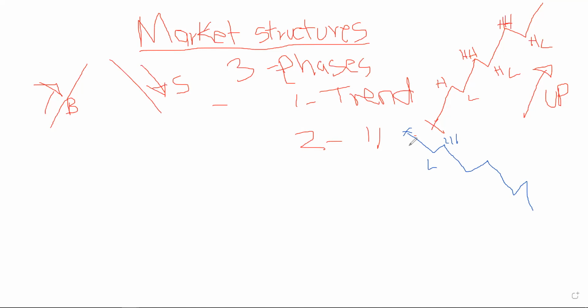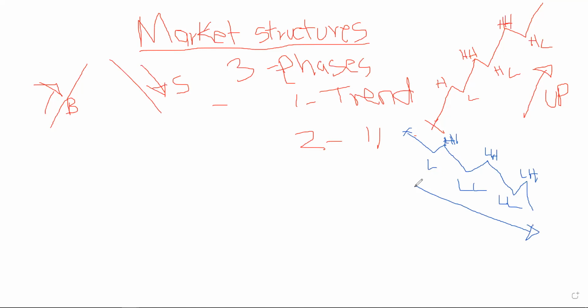Well, it depends on how you call it, because I'm going to say this is low, this is a lower low, this is a lower low, and if this is a high, this becomes a lower high. This becomes a lower high. So don't let those names confuse you. It doesn't matter. Just remember, if the market is going down, everything starts with the word low.